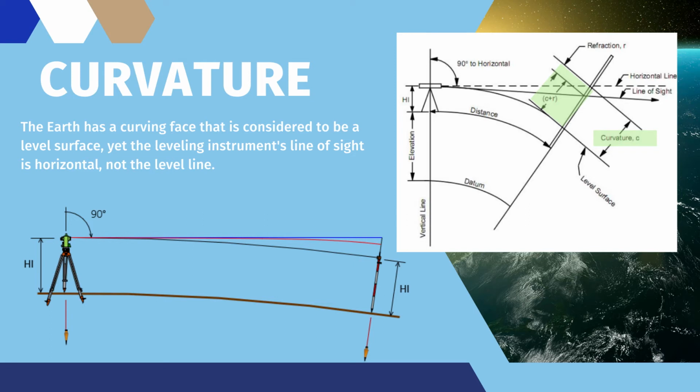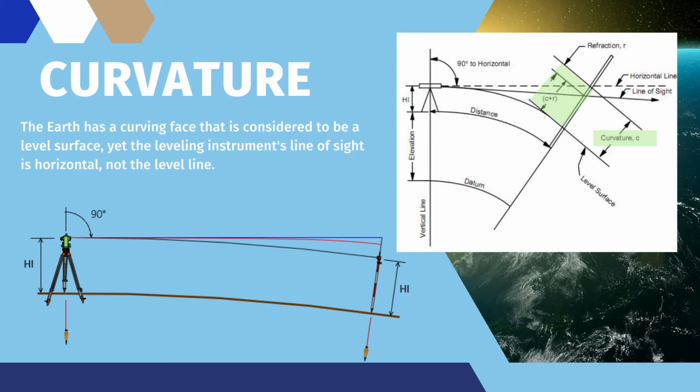So the Earth has a curving face that is considered to be a level surface, yet the leveling instrument's line of sight is horizontal, not the level line. Thus, the Earth's curvature causes a rod reading taken at point B to be too high.